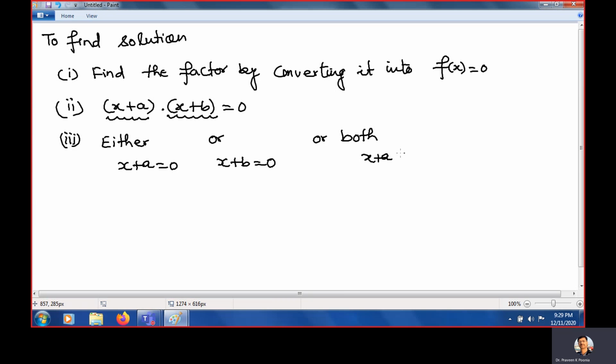That means x + a = 0 and x + b = 0. This is the principle on which we are working.